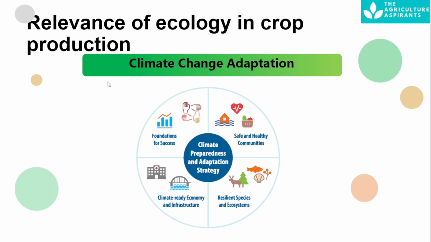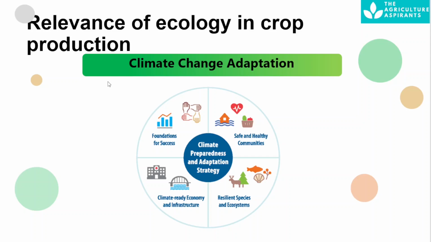Climate change adaptation. By knowing the ecology, we will adapt that particular crop to the climate. As we know, nowadays climate change is happening at high speed. El Nino and La Nina impact our ecosystem, the monsoon is disturbed, and our daily life is disturbed by climate change.